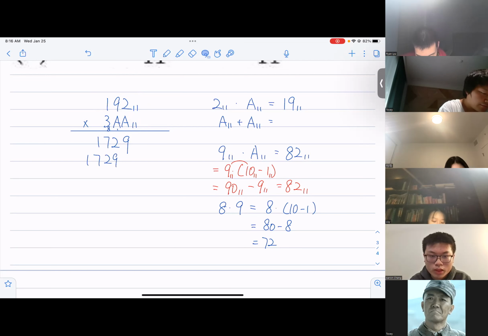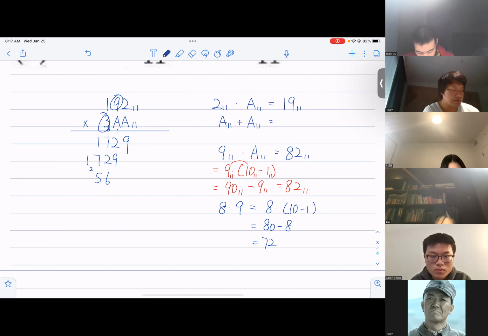Okay, and in the end, we have 192 times the 3. So 2 times 3 is 6. 9 times 3 is 27, right? 27, that's in base 11. So that means you have a 22 carried over, and you have a 5, right? 27 in base 11, so you carry over 2, and you have a 5. 27 minus 22, you have a 5, right?